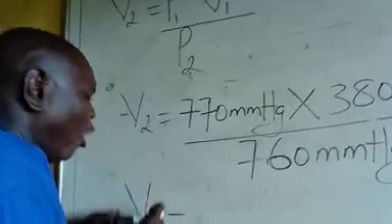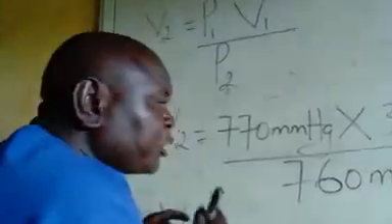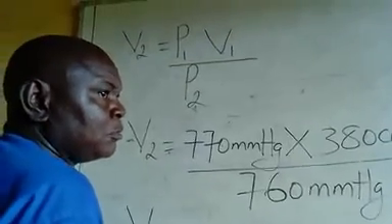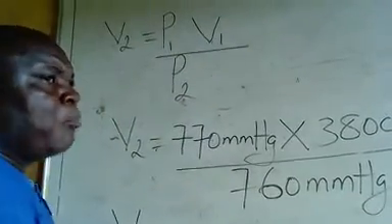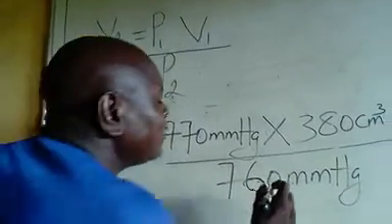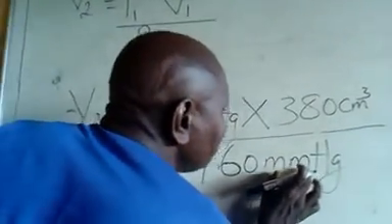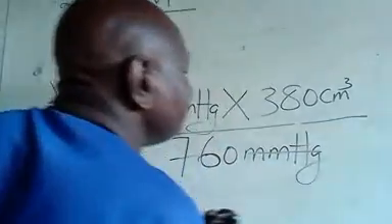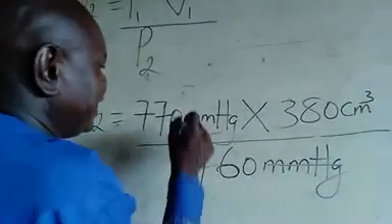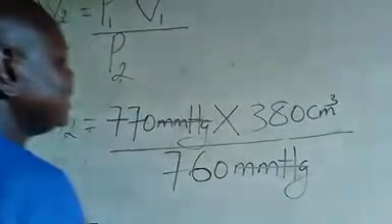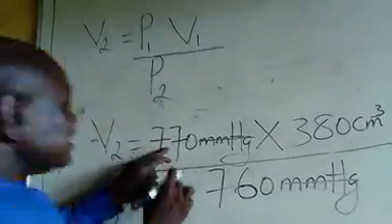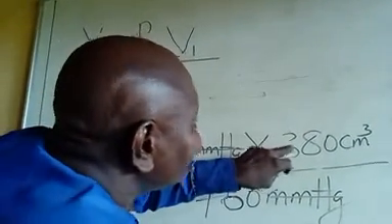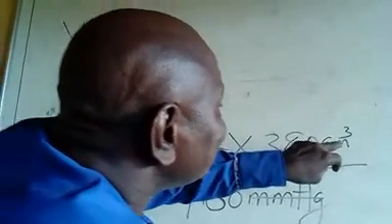I'm not looking for pressure. Since I'm not going to make use of millimeter of mercury, I have to remove it. Now, I'm left with 770 times 380 centimeter cube.